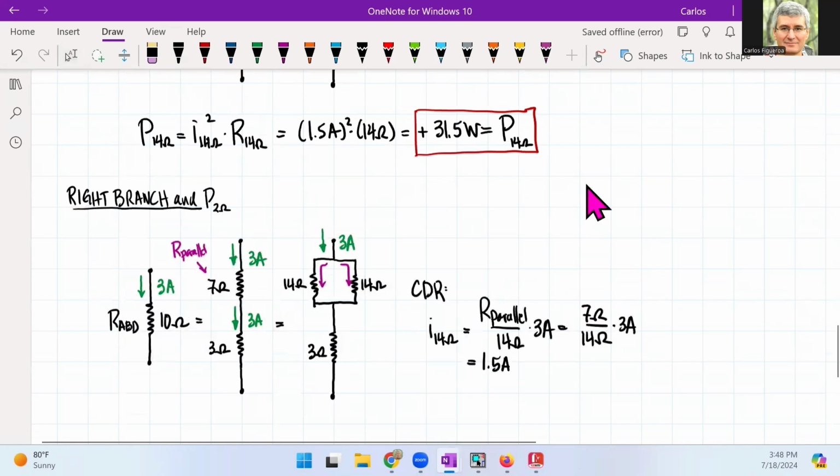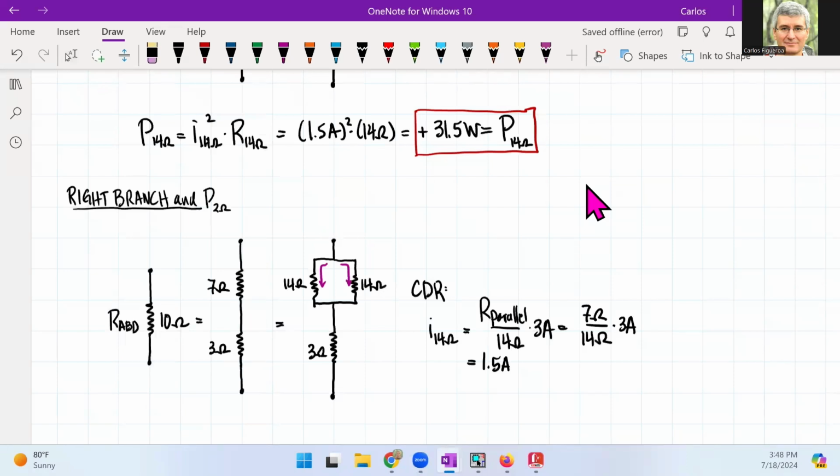So first thing I got to do is get rid of the currents. The CDR is going to be different. We're talking about a different resistor. And our load resistor is for ACD, which is a 3 ohm resistor.